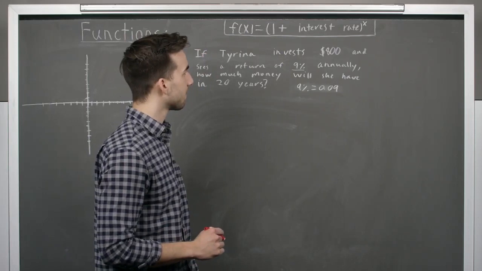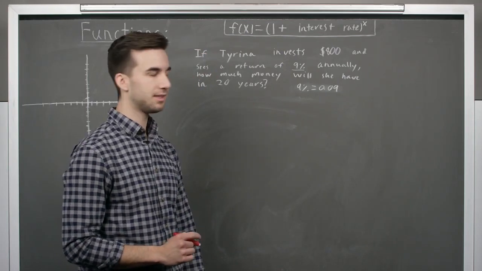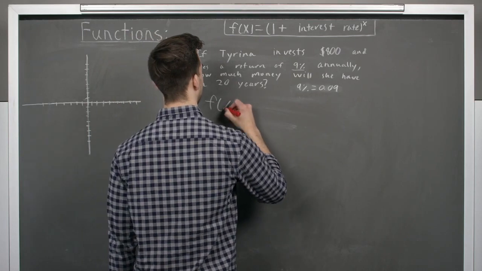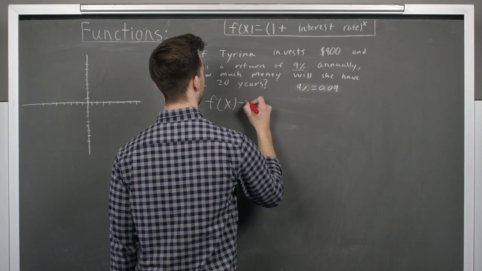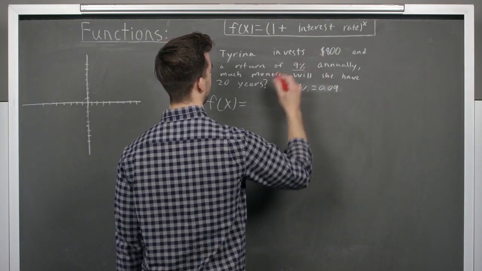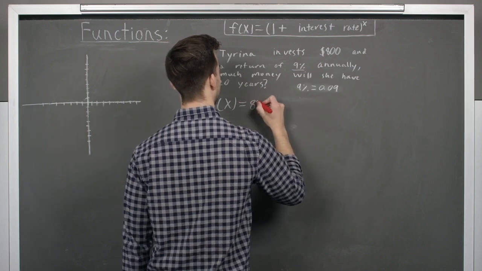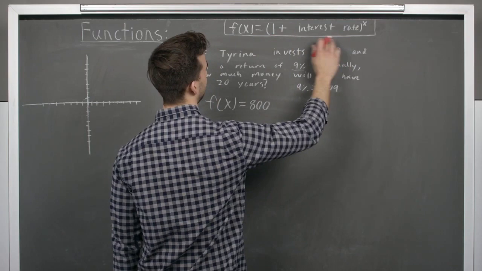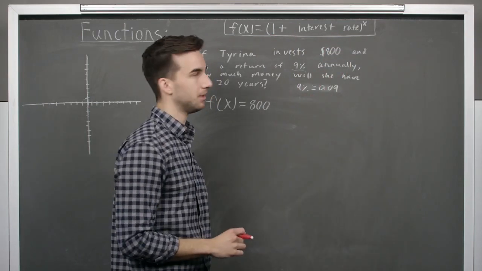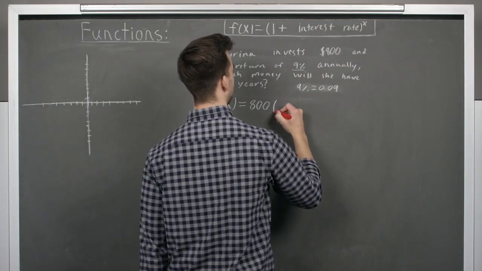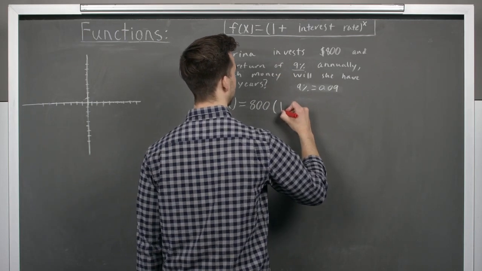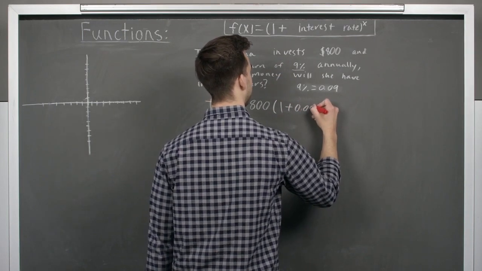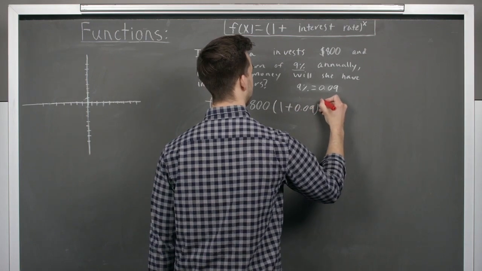And so we can write an exponential function that is our initial investment of $800 times the exponential function of how the money will grow. So we'll leave this in parentheses, 1 plus 0.09, to the power of x.